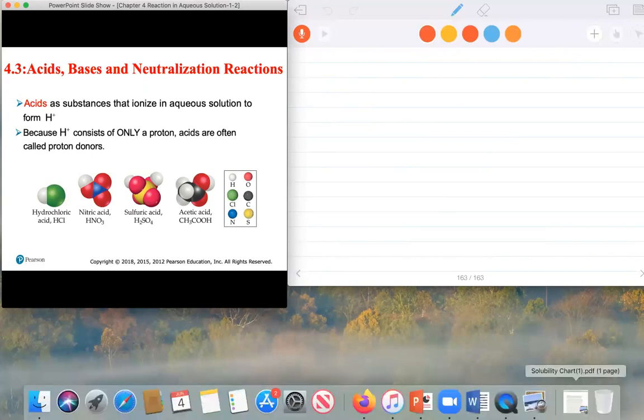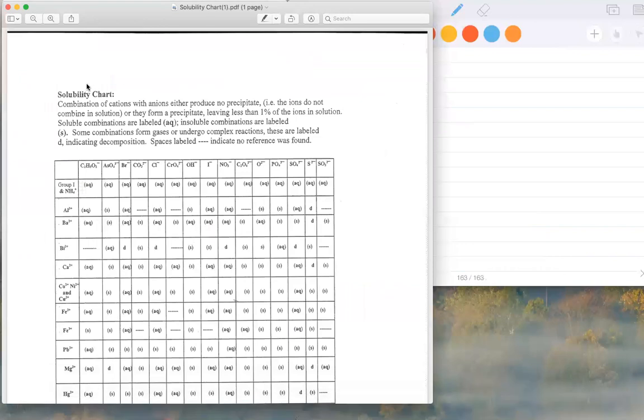All right, solubility chart. As I said last time, you will use this in the next quiz. So when I post the quiz, you should have this to write the net ionic equation, total ionic equation, and molecular equation. For acid-base neutralization, you also write the net ionic equation.